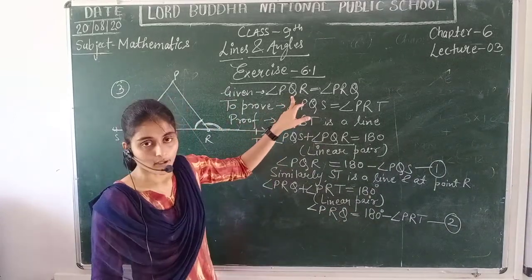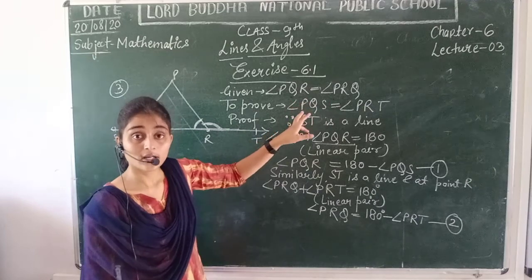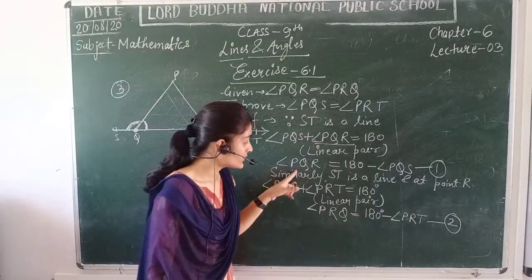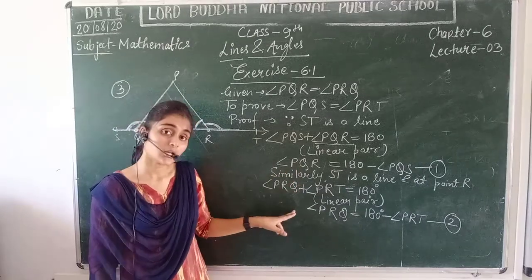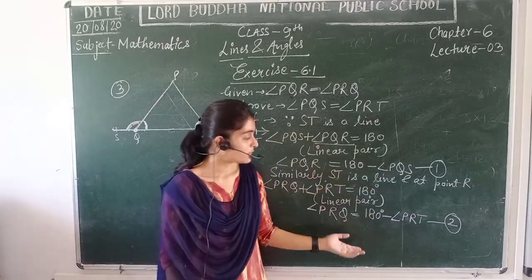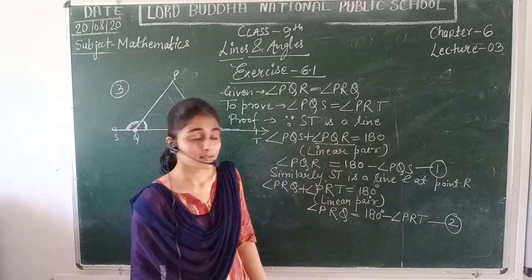And from the given point, they both are what? They both are equal. That means the left hand side of both the equations are equal. That means the right hand side of both the equations should also be equal, right?